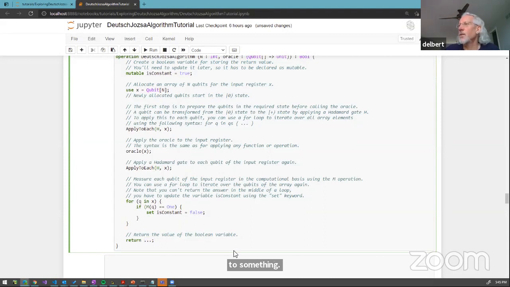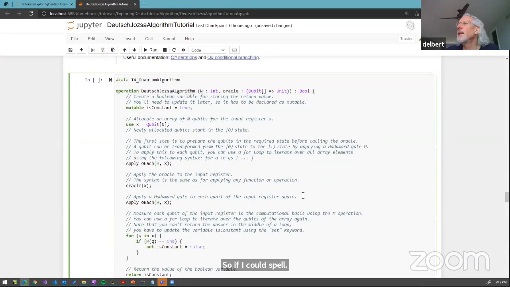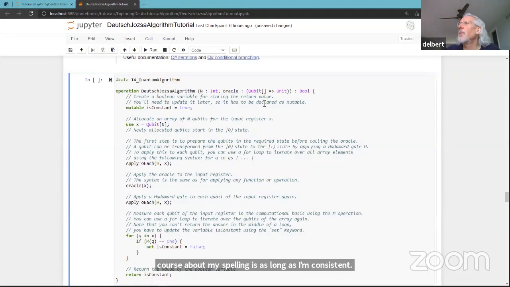Well, we've done all this work on isConstant. So if I could spell, then that should do it. And the nice thing about my poor spelling is, as long as I consistently misspell my variable names, they'll still compile.